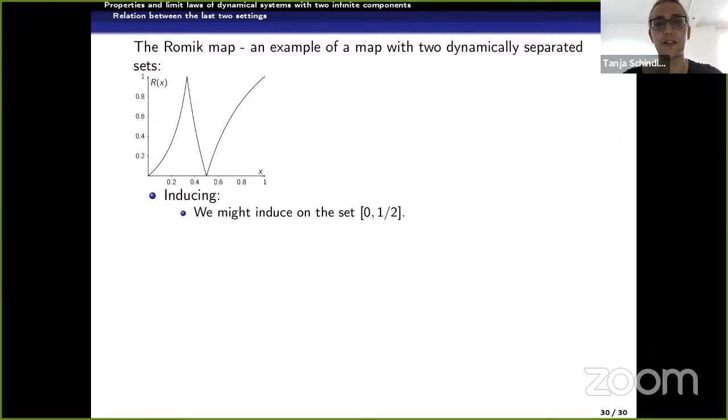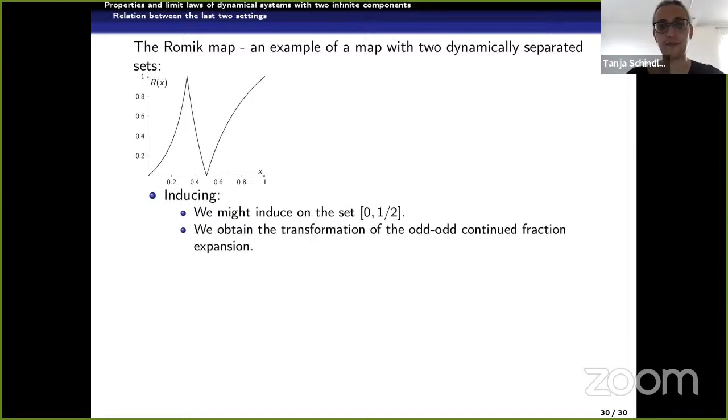Usually one induces on a set which is of finite measure, but we might actually induce on the set 0, 1/2, which is a set which has infinite measure. So we basically induce on, if we remember this system of dynamically separated sets, this infinite measure set A united with the finite set Y.